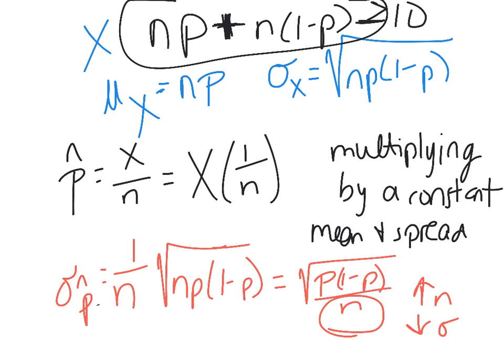So you can use a normal distribution to approximate your sampling distribution of p hat.